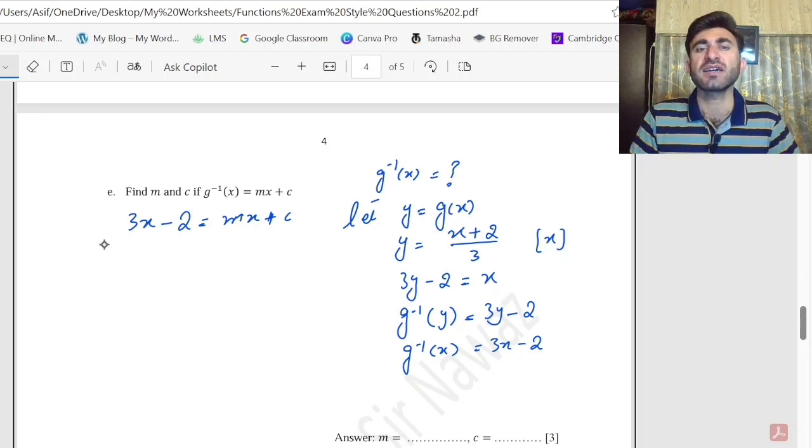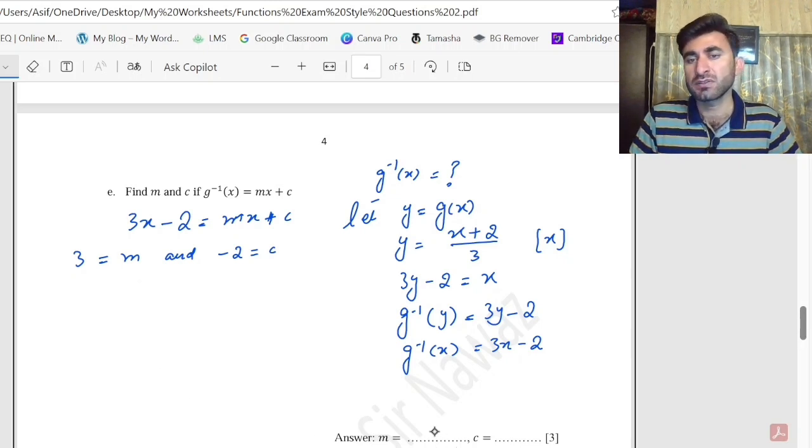The coefficients of x on both sides are 3 and m, so 3 should be equal to m, and the constants on both sides are minus 2 and c, so minus 2 should be equal to c. So here the values of m and c are m equals 3 and c equals minus 2. Such problems confuse many of the students, so this really needs your attention.